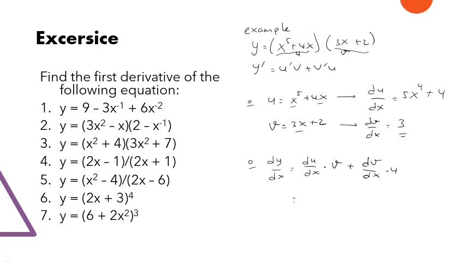So du/dx is 5x^4 plus 4 times v, and v is 3x plus 2, plus dv/dx is 3 times u. U is x^5 plus 4x.